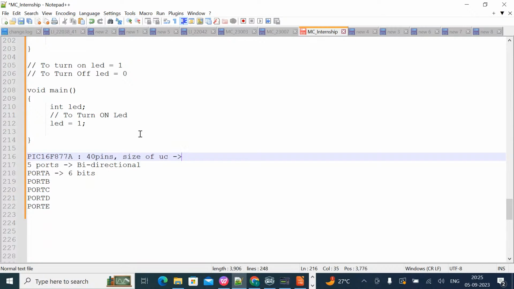Whatever microcontroller you are using right now, do you have any idea what the size of the PIC16F877A microcontroller is? Again, don't predict. It's a request. Do you have an idea about it? I'm sorry, by looking at the responses, I can say that no. Right?